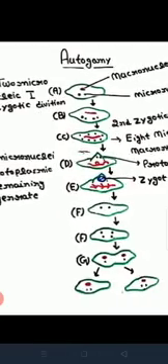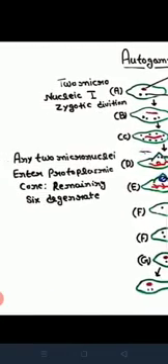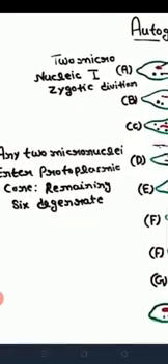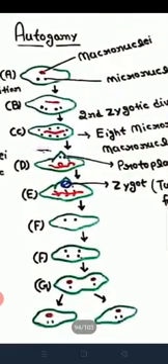Of those 8 micronuclei, 6 are going to degenerate. Only 2 micronuclei act like pronuclei. Those 2 micronuclei alone enter inside the protoplasmic cone-like structure. Remaining 6 are degenerated. Right?